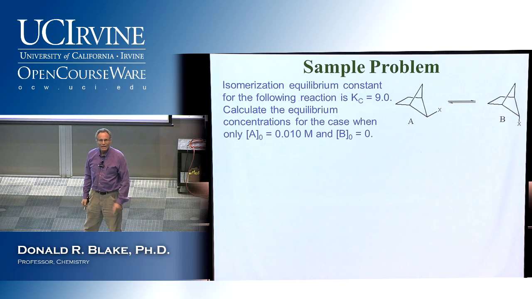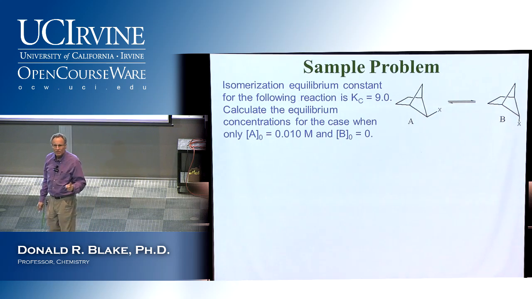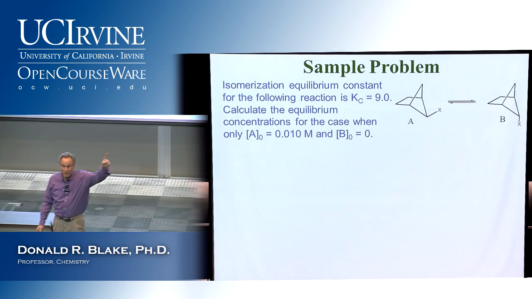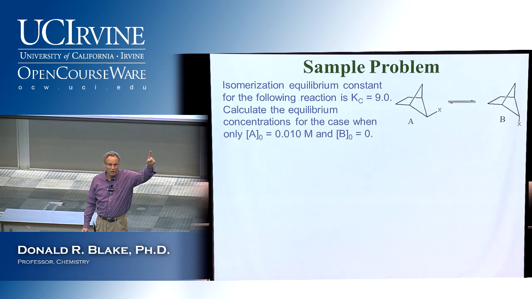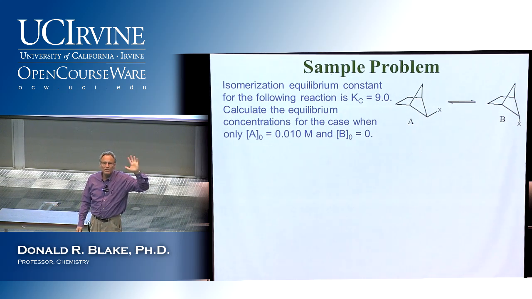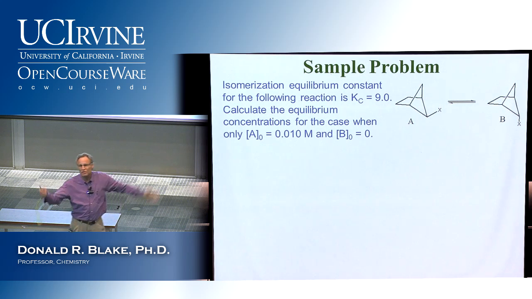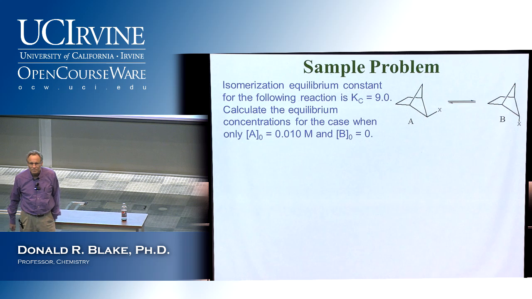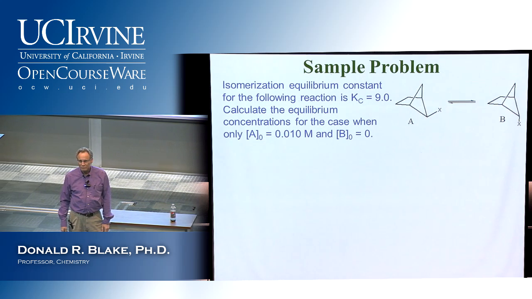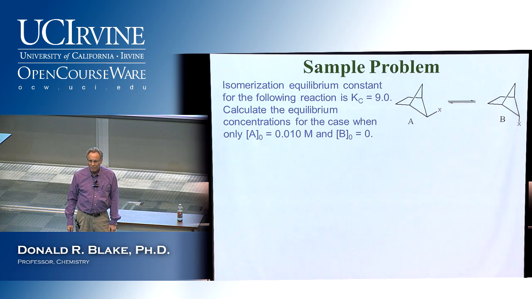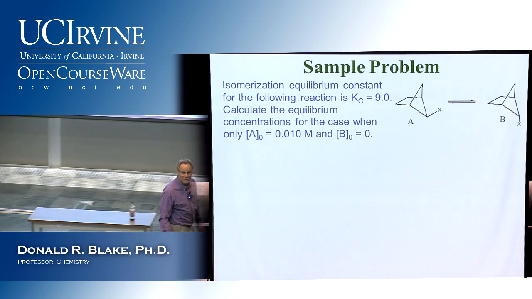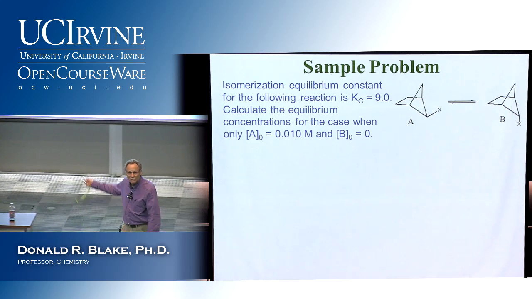So at equilibrium, let me give you an easier one. If K sub C was 1, what is the concentration of B? If K is 1, folks, what does that mean in terms of the concentrations of the two?